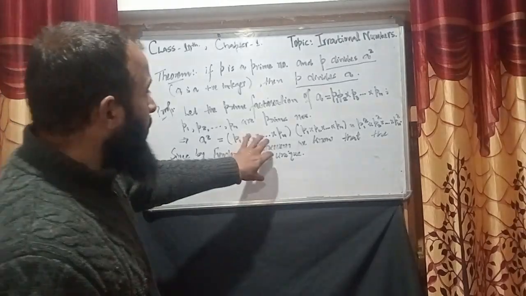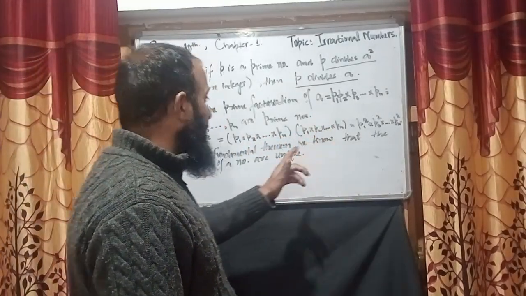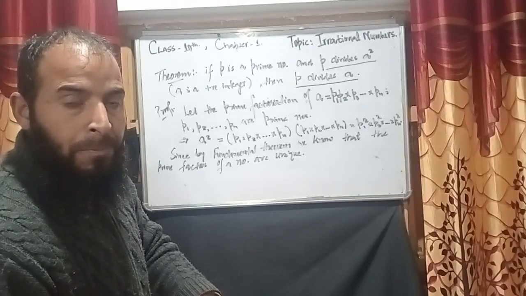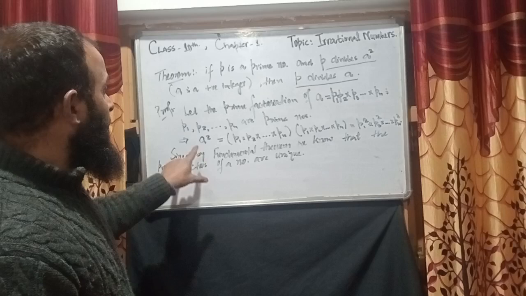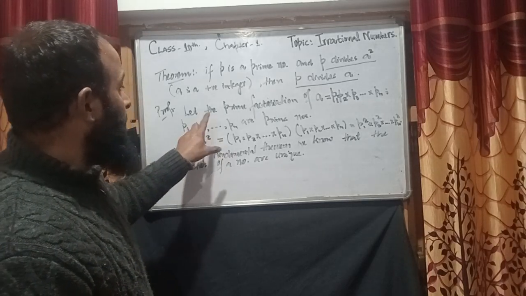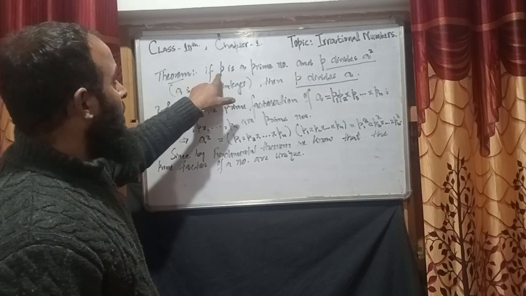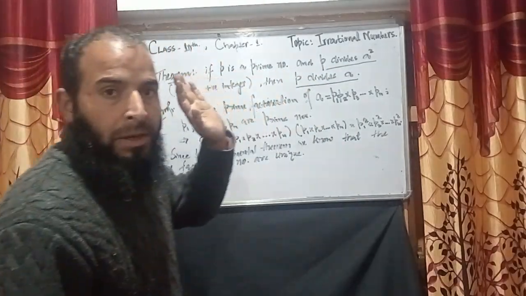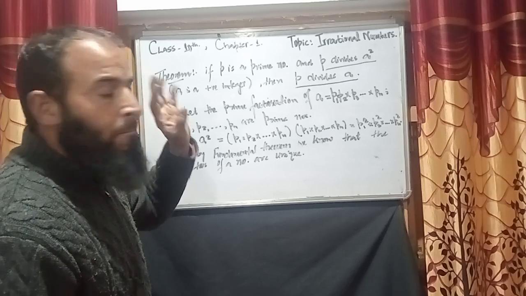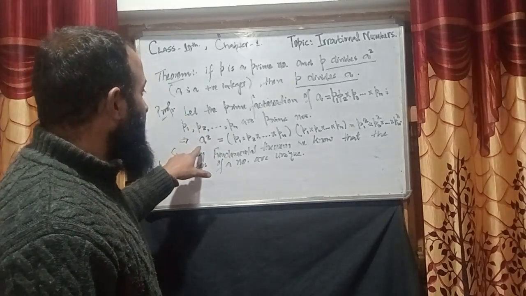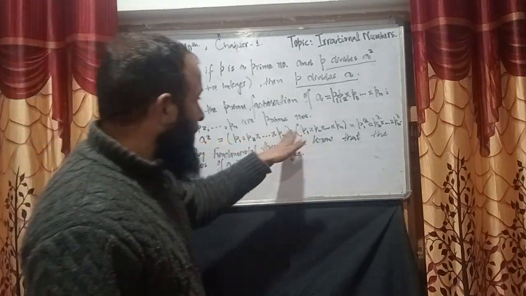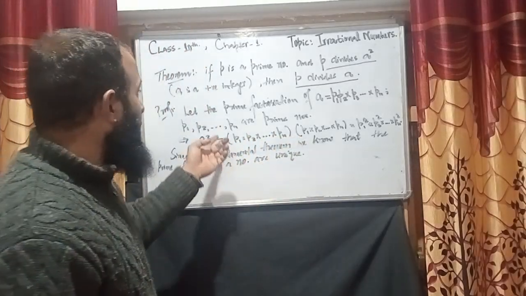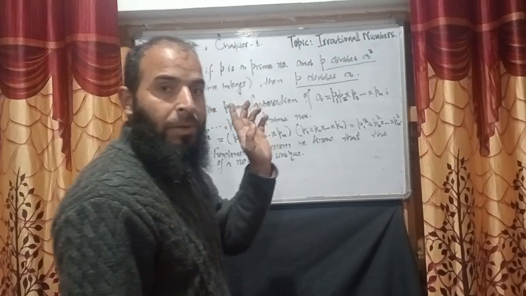So by the uniqueness of the fundamental theorem, p divides a square, which implies these p1, p2, so on pn are the factors of a.